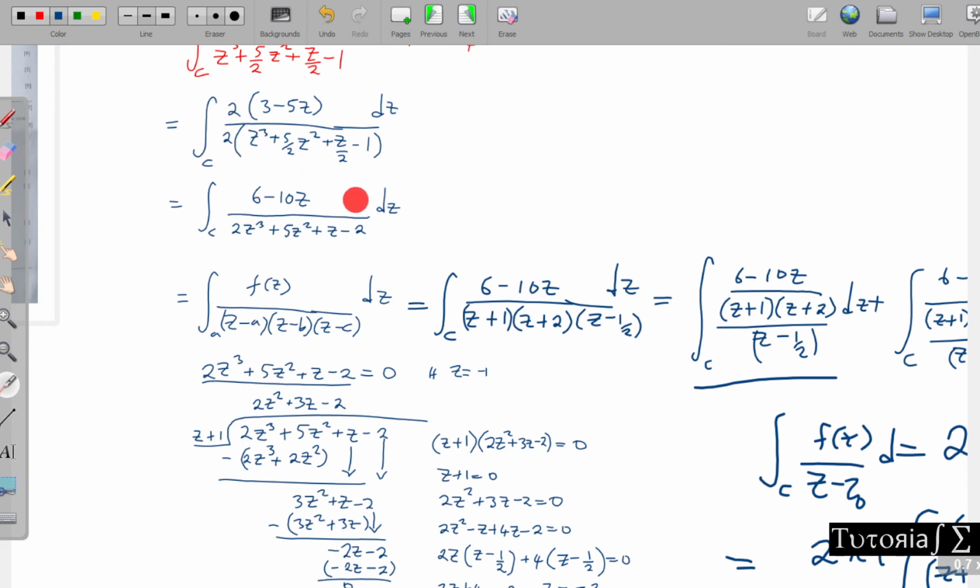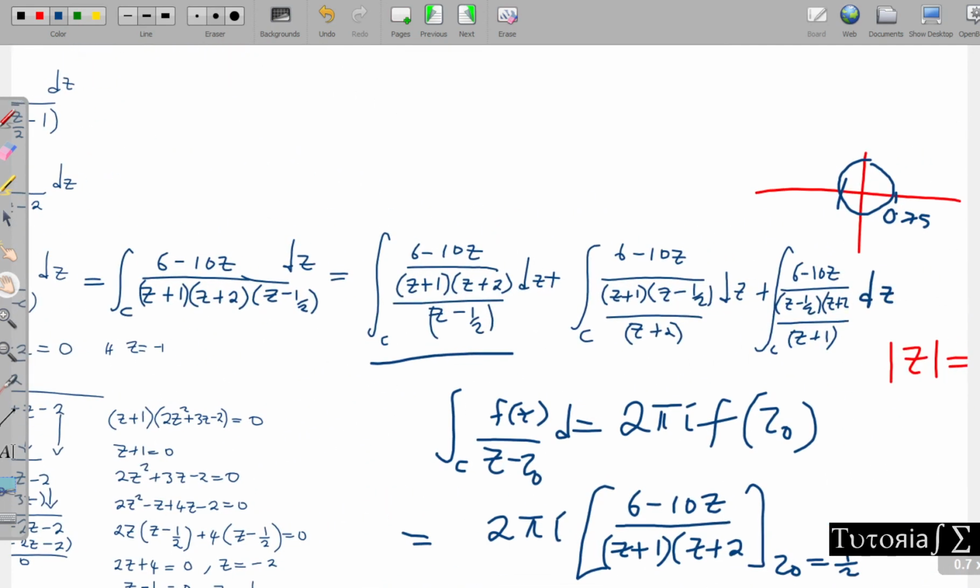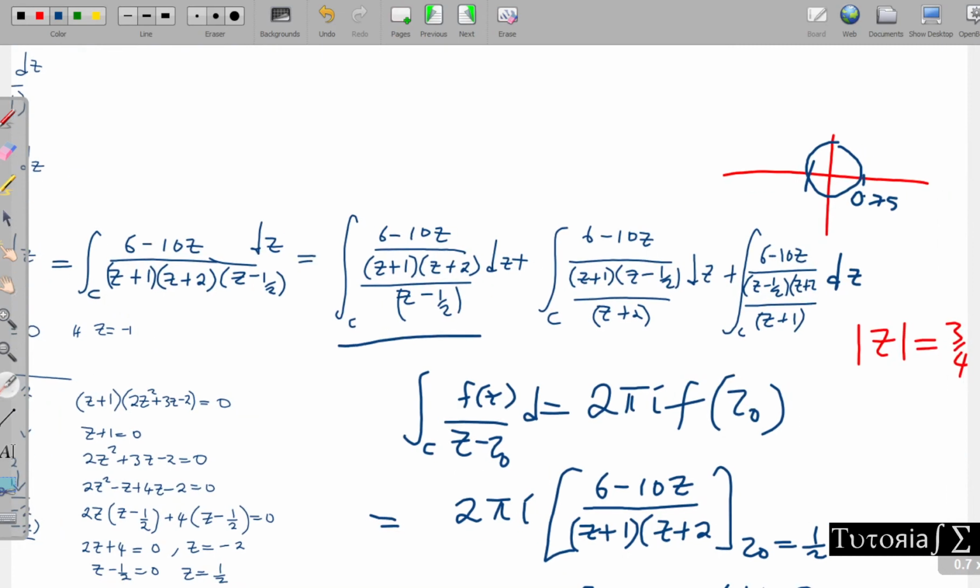You just find the factors by equating this to 0, which we did. We used long division, found the factors, then replaced the factors there. Then we separate, with each factor taking a turn to be the denominator.